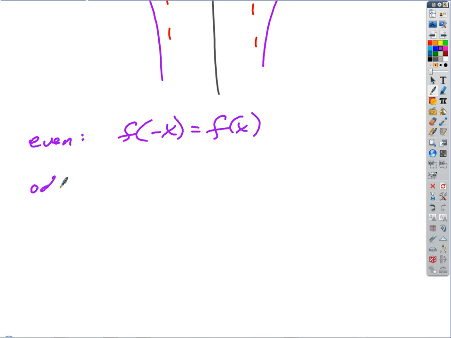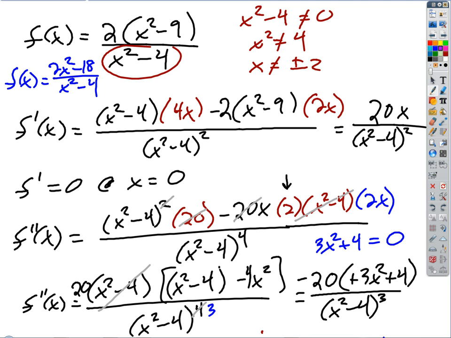And odd symmetry is the test f of -x equals negative f of x. So we could do that, but remember where even and odd come from. Even and odd come from polynomials. We know that this symmetry is going to exist for a polynomial when all of the exponents are even, right? We know that we're going to get this odd symmetry for a polynomial when all of the exponents are odd, right?